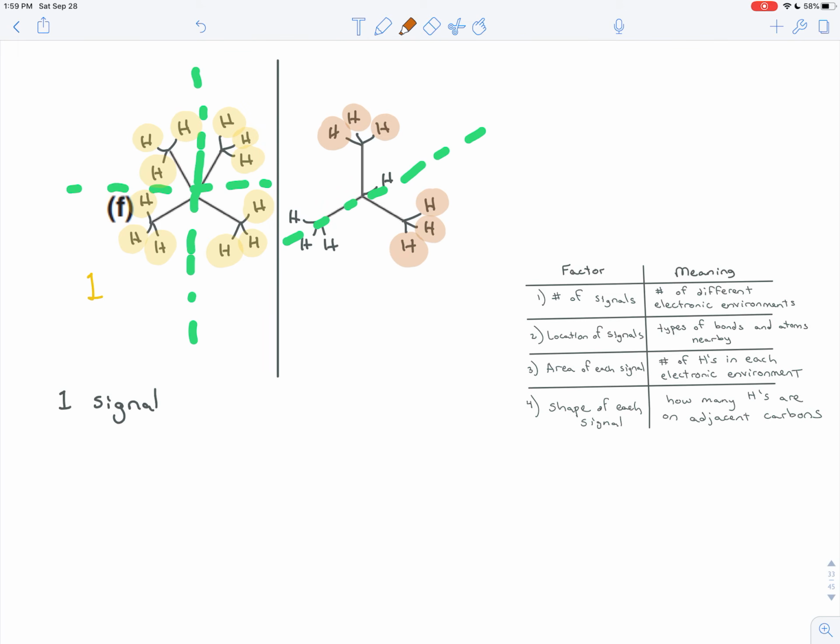That is the same electronic environment as the hydrogens in the other methyl group. And actually, they're also in the same environment as these last hydrogens. So you could actually think of having another plane of symmetry right there, going vertically down here.